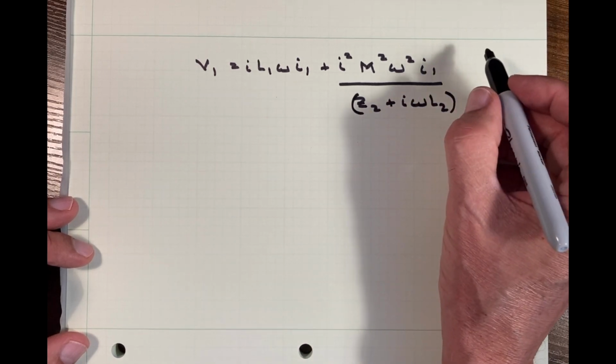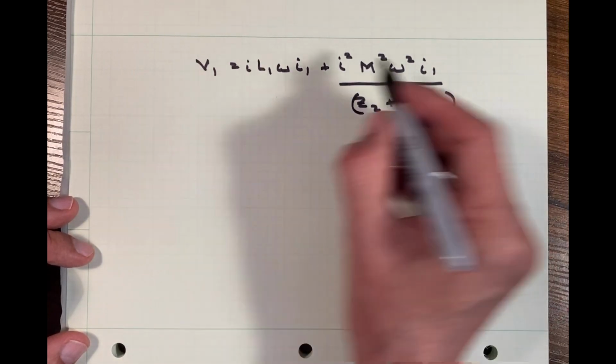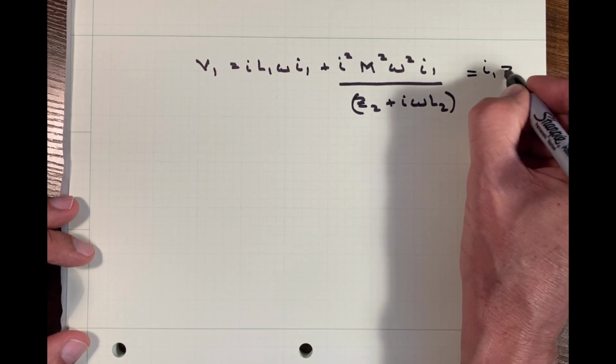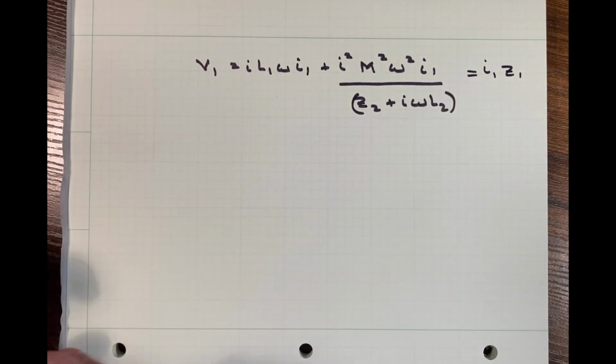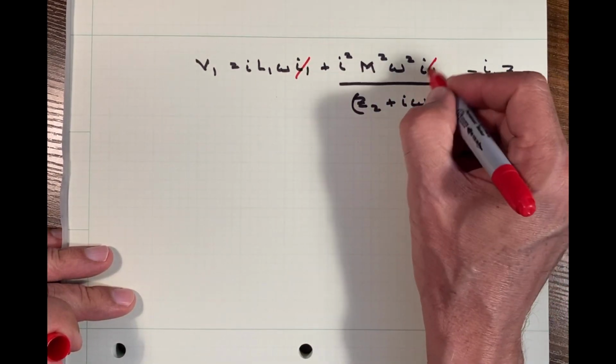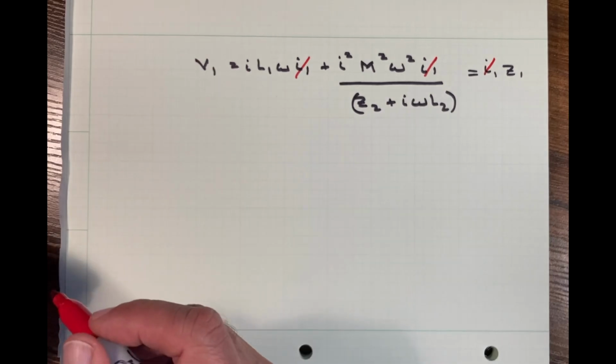And we can actually say that this V1 is really equal to I1 Z1, the impedance. So here we can cancel I1 there.